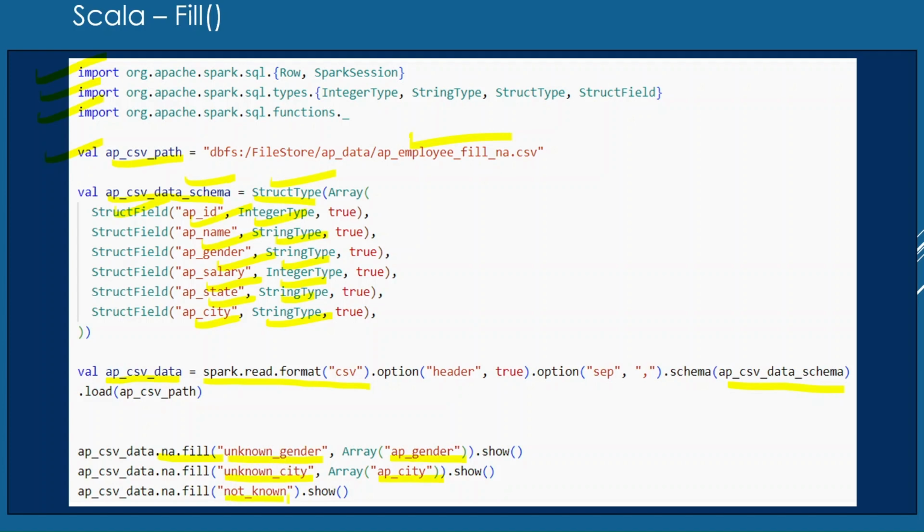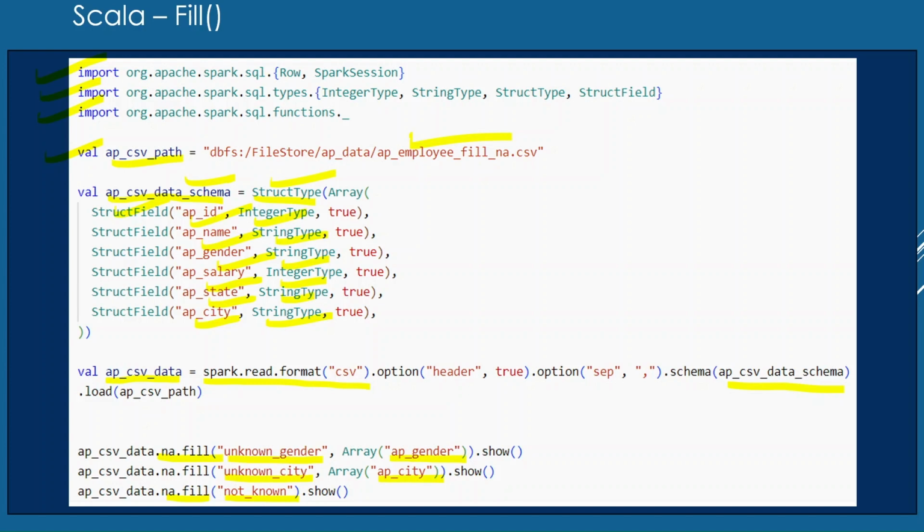And this one is not known. So I am taking the whole data frame here, and I am not supplying any column names. So what will Spark do? It will check null values in each and every column and replace those null values with the not known string. So let's go to Databricks and see how it generally works.